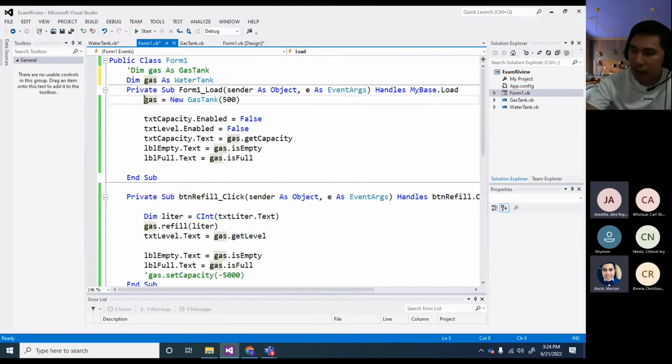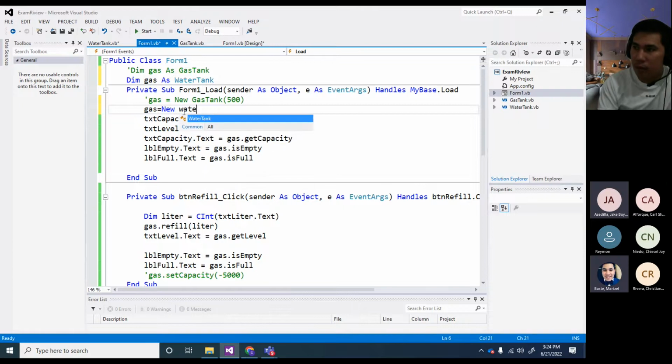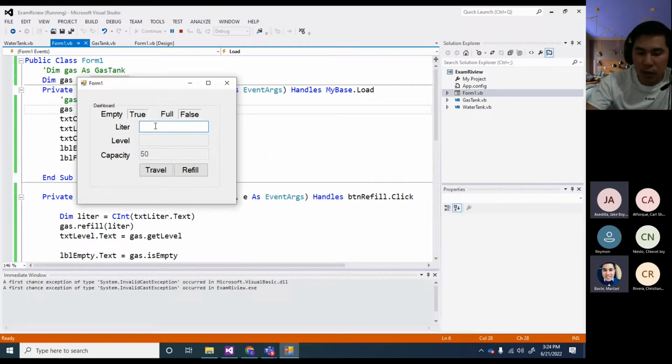And then gas is equal to that. So most definitely the same.